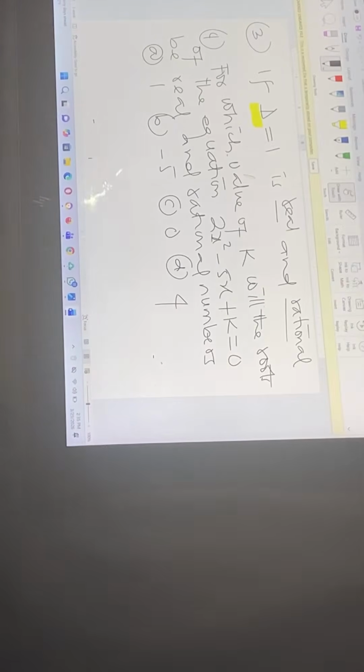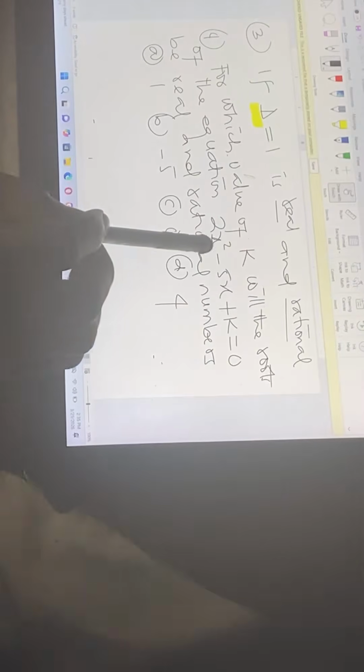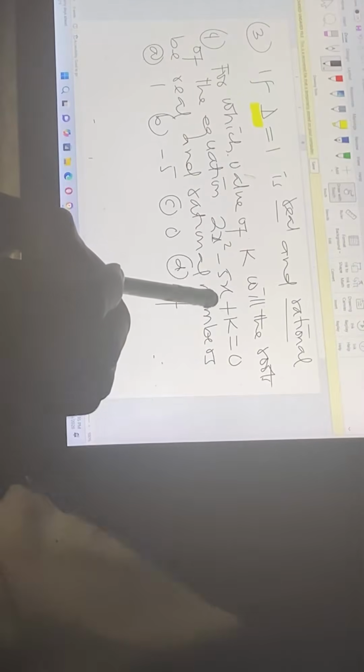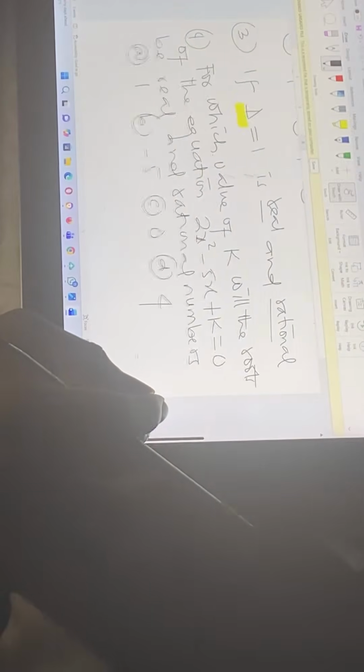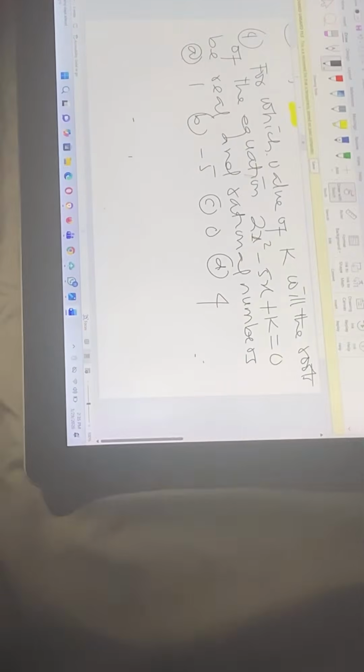Now let's solve this, please. They said, for which value of k will the roots of the equation 2s squared minus 5s plus k equal to 0 be real and rational. This is what you have to understand here. Whenever you are given a quadratic equation and you are asked to find the missing element or the missing letter in it, we use discriminants.